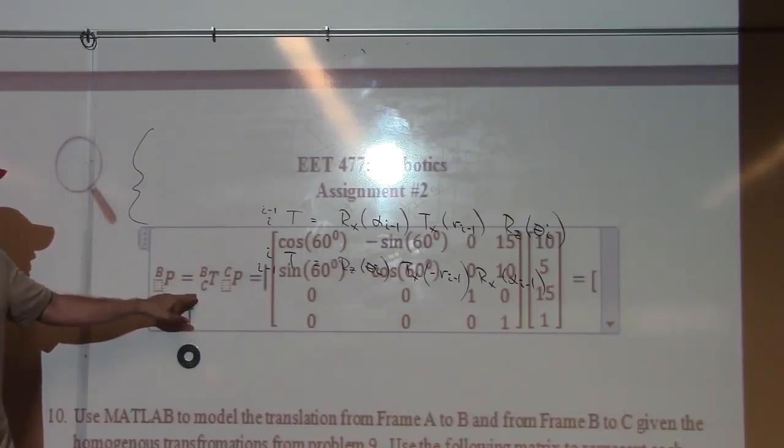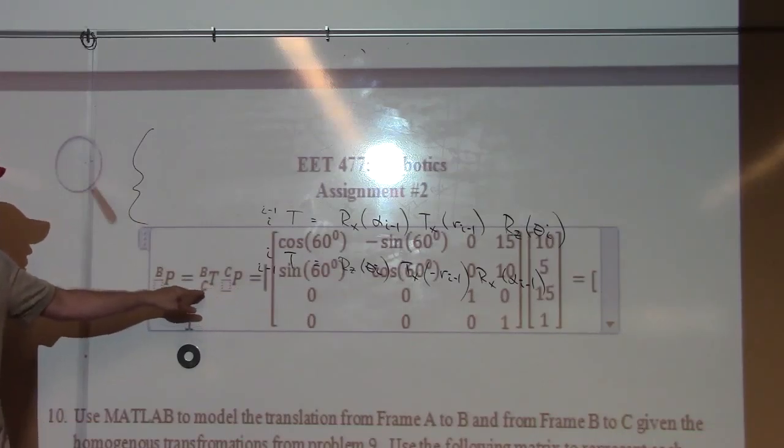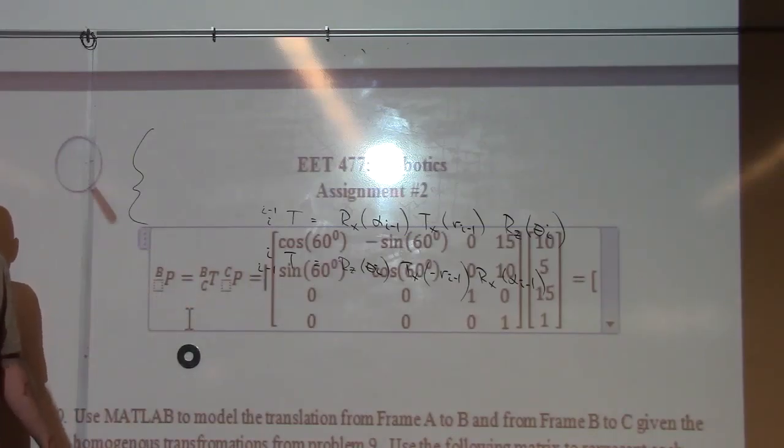So in this case, we're going to hit the position vector with the transformation, in this case the translation, in order to get to where we're going. That makes sense?